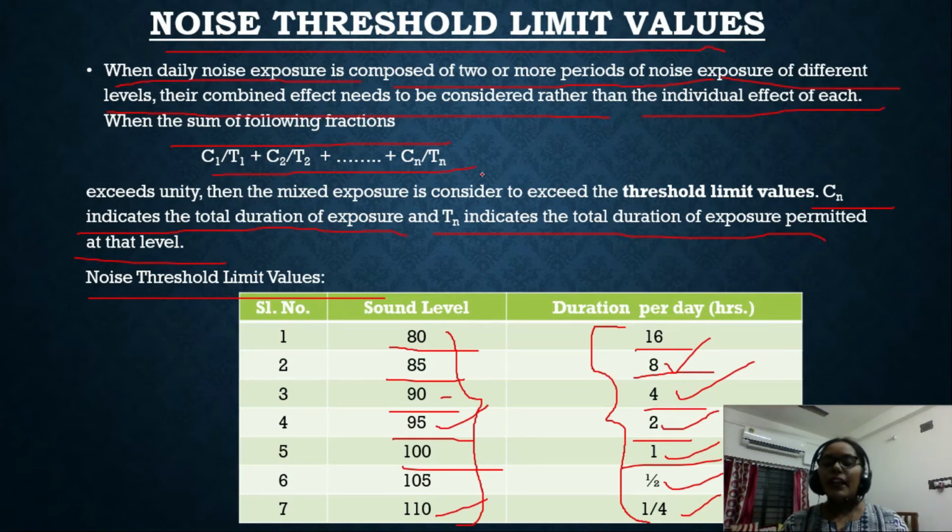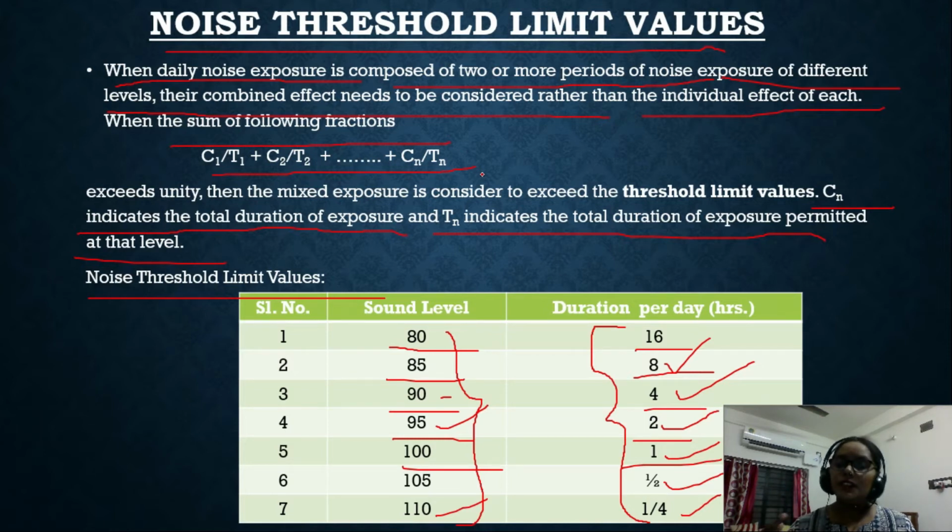While we are exposed to road traffic noise, there are so many noises we are exposed to. So we have to sum up all the noise levels, and then we have to see if the noise levels are beyond the threshold limit or not.